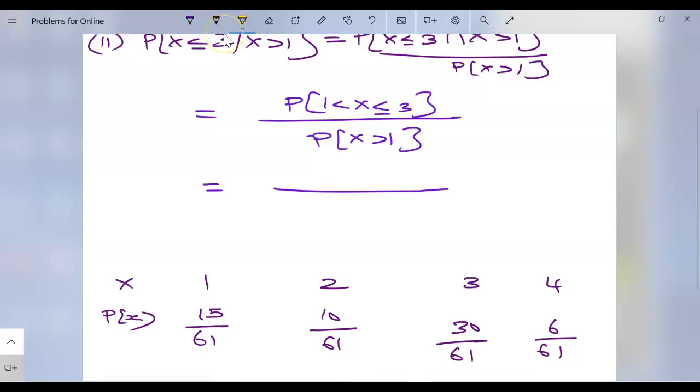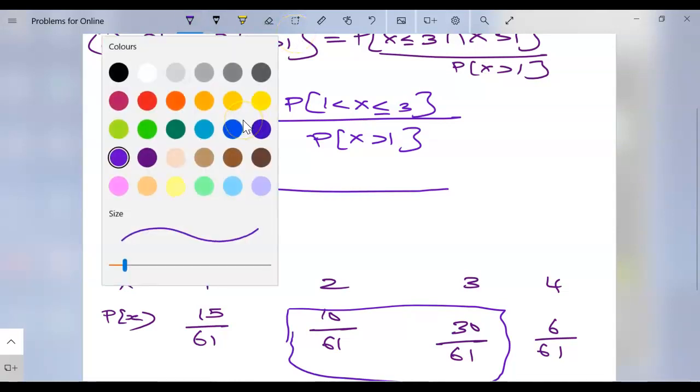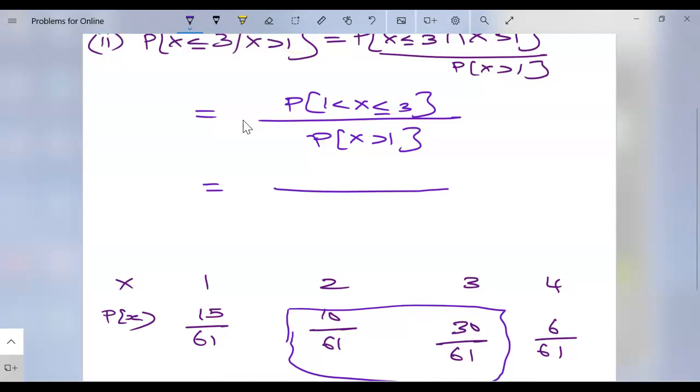Starting from 1, 1 is omitted, next to 1 is 2, and 3 remains. So I can write the numerator as 10 by 61 plus 30 divided by 61.